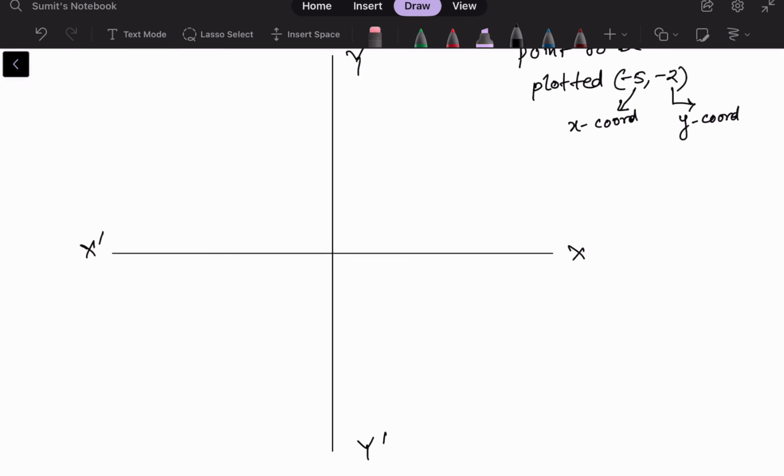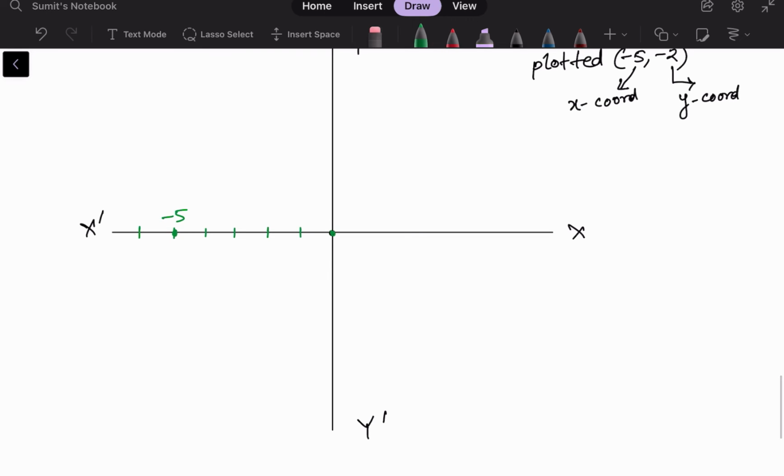Taking the origin, -5 means -1, -2, -3, -4, -5 on the x-axis. Then for the y coordinate -2, we count -1, -2 on the y-axis.